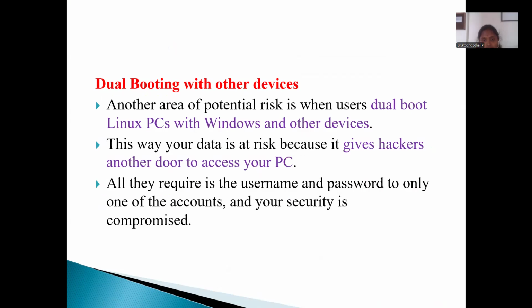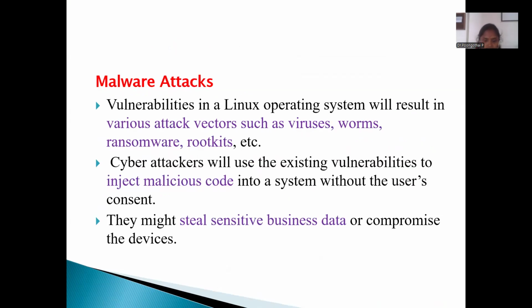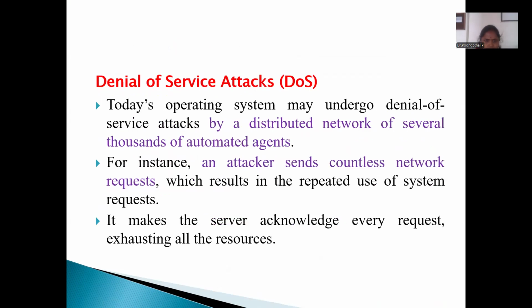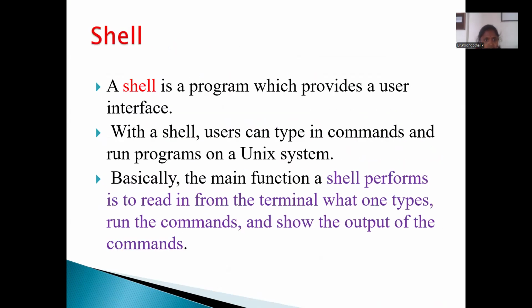Dual booting with other devices: another area of potential risk is when users dual boot Linux PCs with Windows and other systems. This way, your data is at risk because it gives hackers another door to access your PC. All they require is the username and password to only one of the accounts, and your security is compromised. Then there are malware attacks, vulnerabilities, cyber attacks, and denial of service attacks.